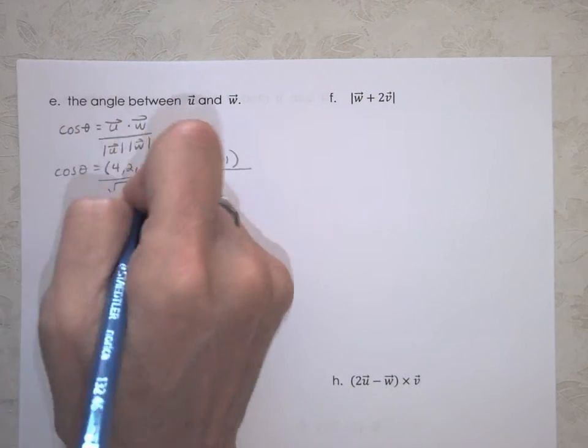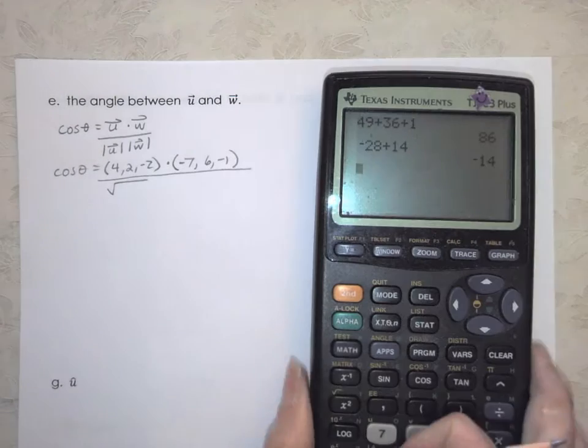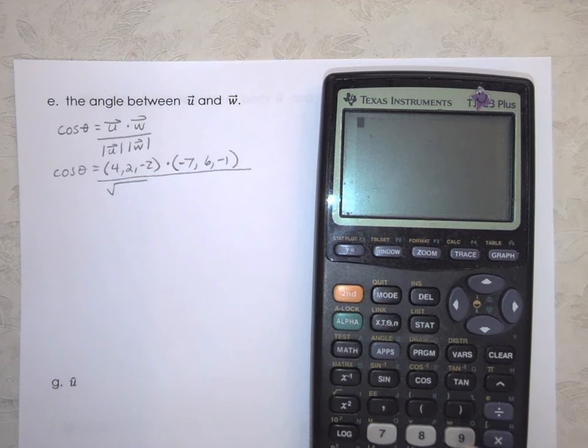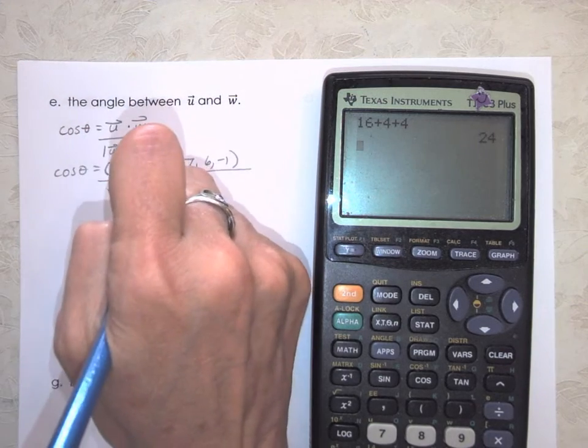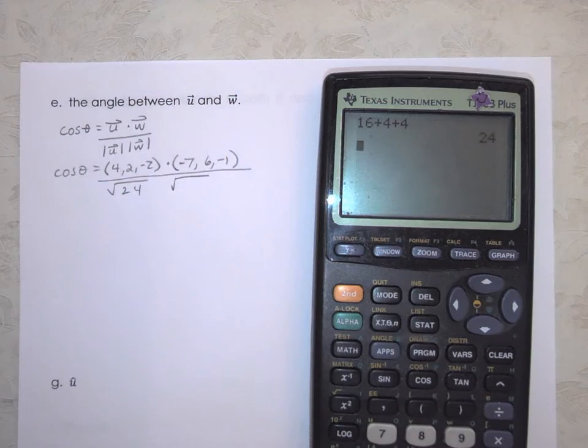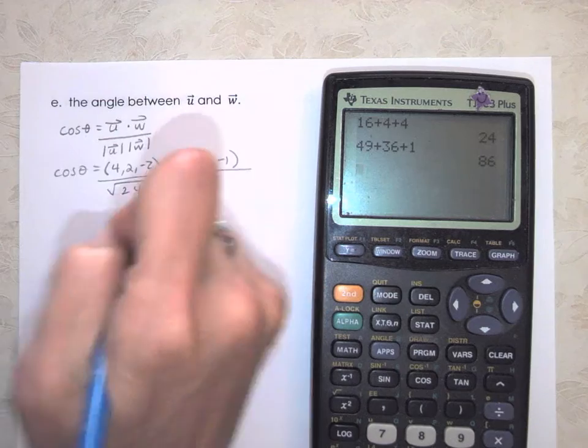The magnitude of vector u, so that's going to be the square root of 16 plus 4 plus 4, 24. And the magnitude of vector w is going to be the square root of 49 plus 36 plus 1, which is 86.